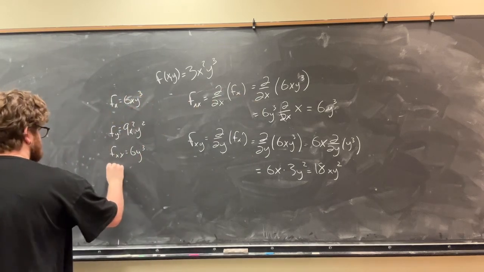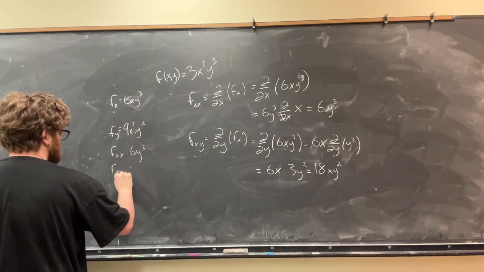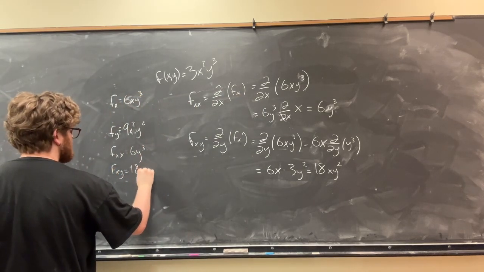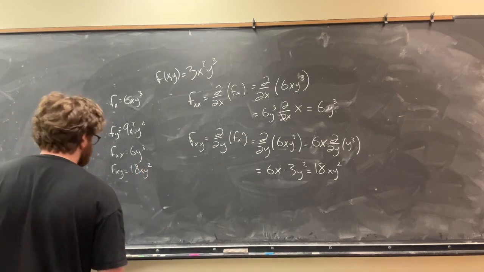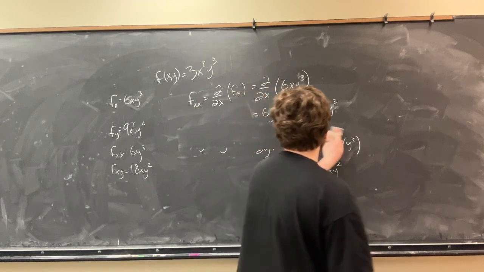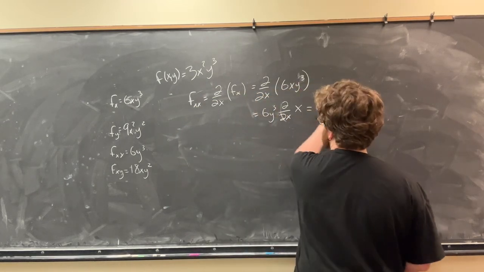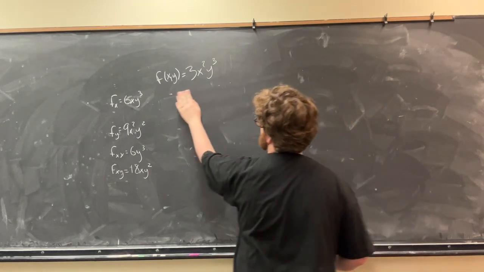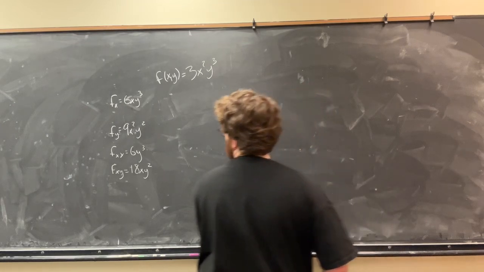So I'll write that over here. F sub xy equals 18xy squared. And then I'll find fyy and fyx. And we'll see that fyx is the same as fxy.